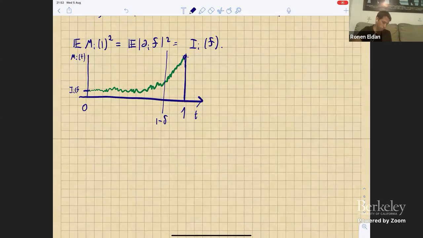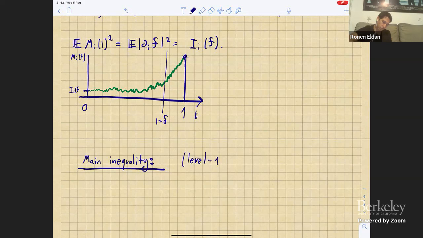Maybe let me write it like this. This is a pretty simple inequality.